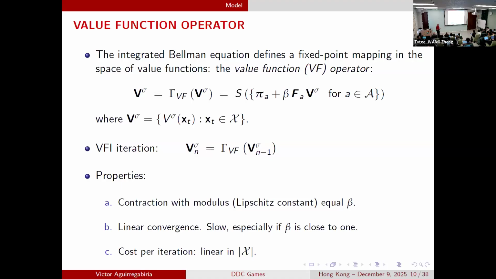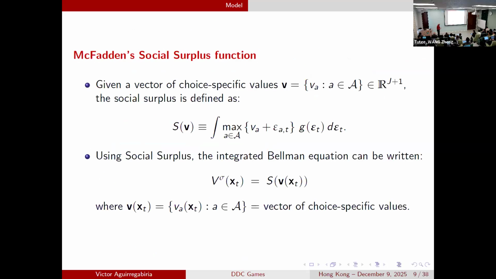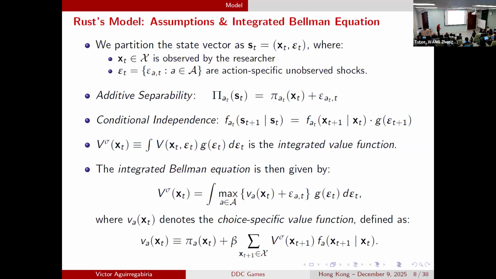Then in this context, what is value function iteration? First, what is the value function operator? It's basically, in vector form, the integrated Bellman equation that we have seen before. It's the combination of this equation and this equation that gives us a fixed point from value functions into value functions.